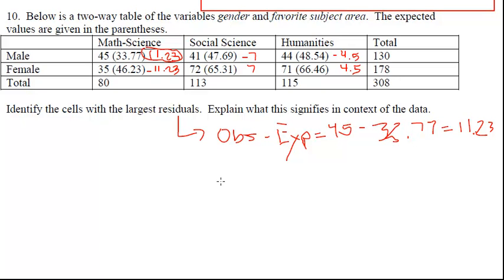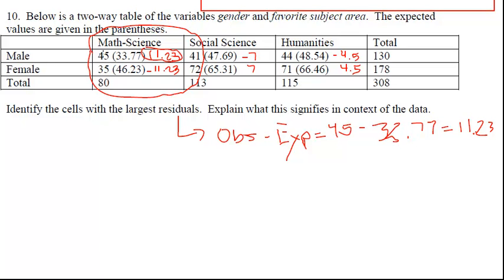And so the question asks us what cells have the largest residuals, and explain what that signifies in context of the data. And so we can see that the largest residuals were for the math science group, and we're looking at gender and favorite subject area.